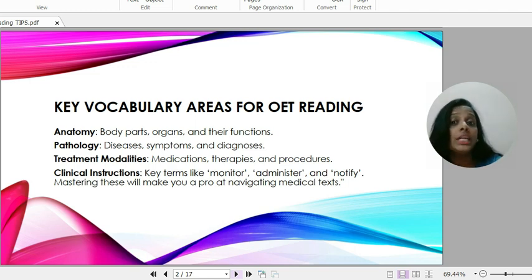These are vital for interpreting professional communication, right? So mastery of these terms helps you navigate procedural instructions or medical directives effectively within your clinical documents.